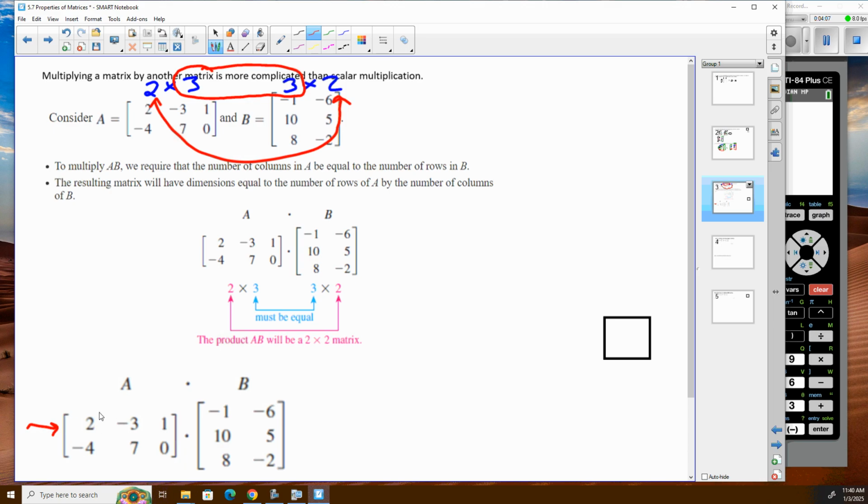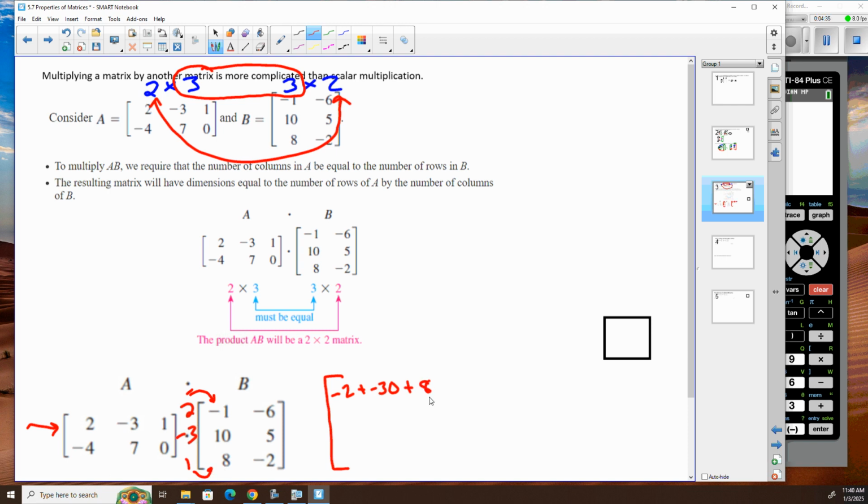So if I took the 2, -3, and 1 and rotated it 90 degrees, I would have a 2, -3, and then a 1. And then all I do is I'm going to go 2 times -1 is -2, plus 3 times -10, which is -30, plus 1 times 8, which is 8.